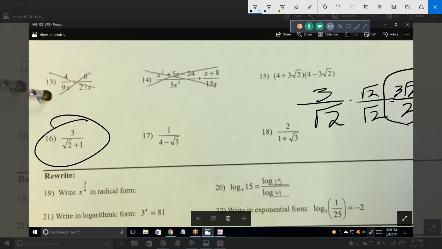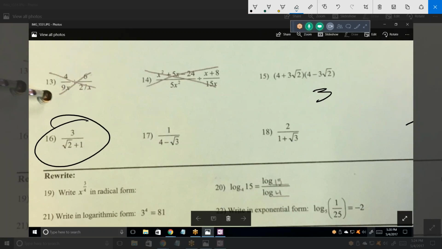So whenever you see an irrational denominator, you need to rationalize it. And if it's just a single term like this, it's pretty easy. You multiply the top and the bottom by whatever the bottom is. However, when it's like the problem we have here, it's a little more difficult.